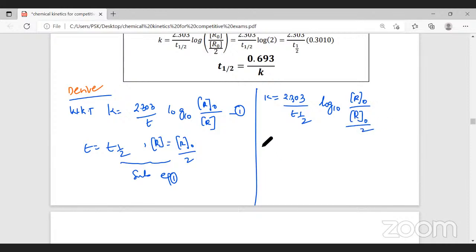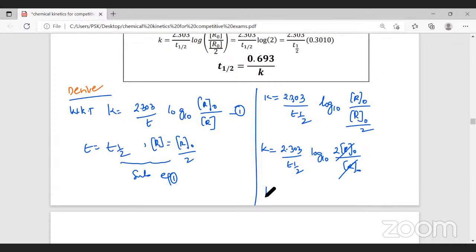On simplification, I can write K is equal to 2.303 by T half log to the base 10 of, this 2 goes to the numerator, so log of 2 into R naught by R naught. R naught and R naught will get cancelled.